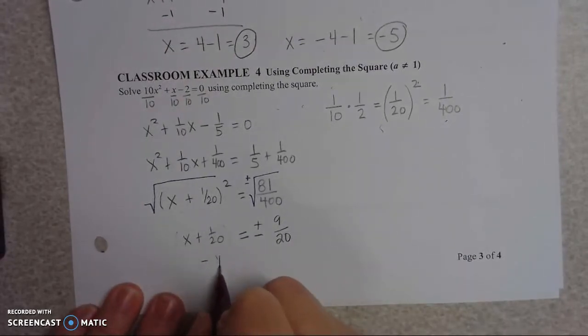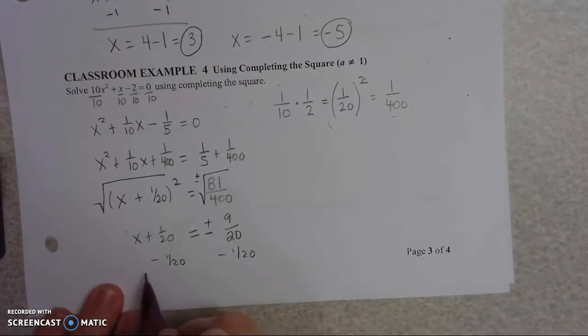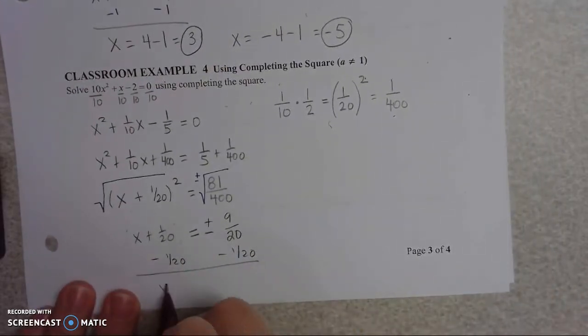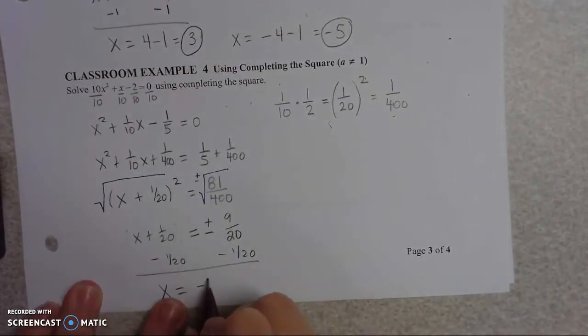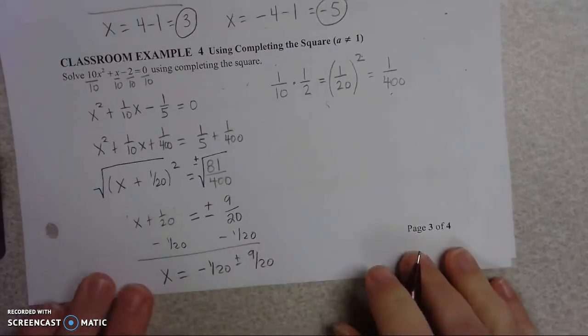Then to solve for x, I'm going to subtract 1/20. Alright, this gives me x equals negative 1/20 plus or minus 9/20.